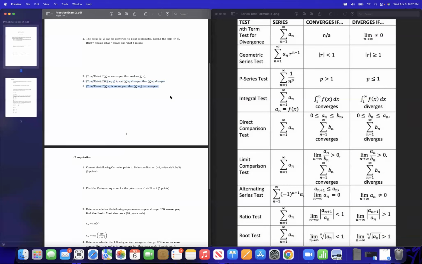What about this one? It's saying that if the summation of a of n is convergent, then the absolute value of a of n is also convergent. Now, the idea here is that there is something called conditional and absolute convergence, where sometimes if you take the series of something, it can converge, but then if you take the absolute value of that, it can diverge.